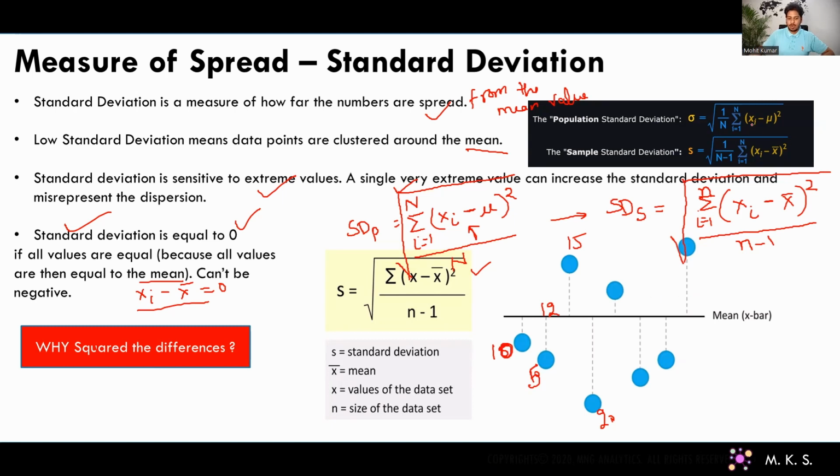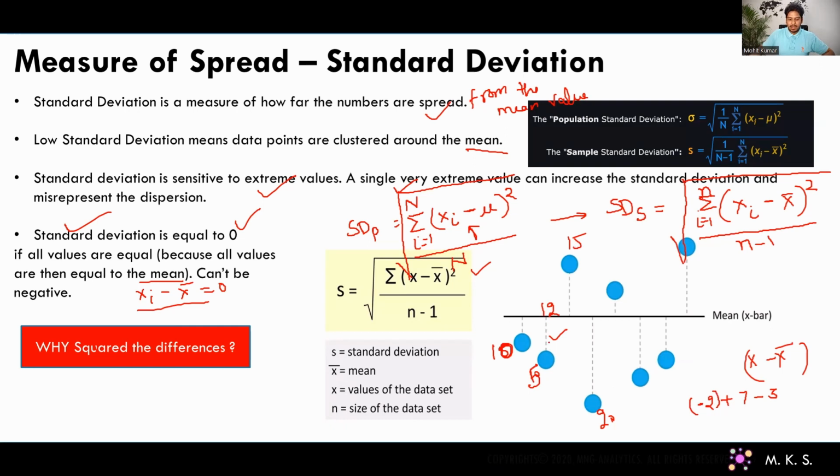So now if we are using absolute values of the difference, x minus x bar, rather than the square, what will happen? Here x minus mean: that is 10 minus 12, that is minus 2, right?